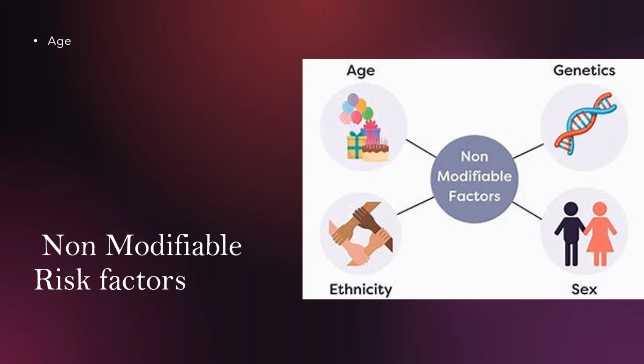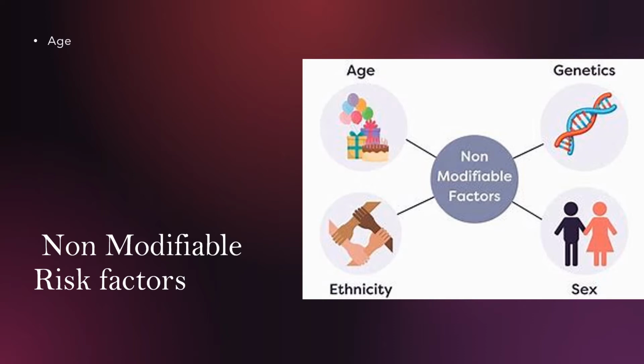With age, we know high blood pressure is more prominent in people as they increase in age, because they have factors like hyperlipidemia that can cause the person to have high blood pressure. With genetics, some people are predisposed to high blood pressure or other disease conditions as compared to other people.